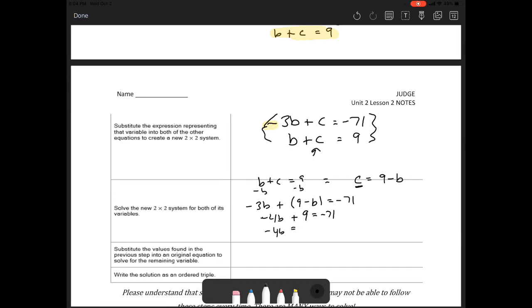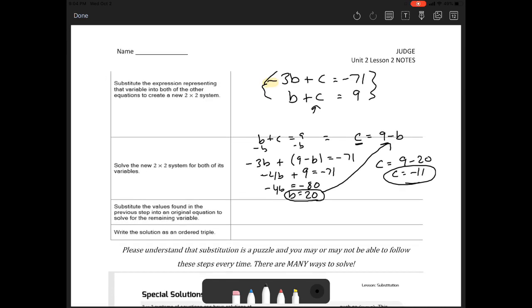And then I'm going to have negative 4b equals negative 80 because we're going to move that 9 over. And I end up with b equals 20. So then I'm going to plug this back in over here, and that's going to give me c equals 9 minus 20, which means c equals negative 11.